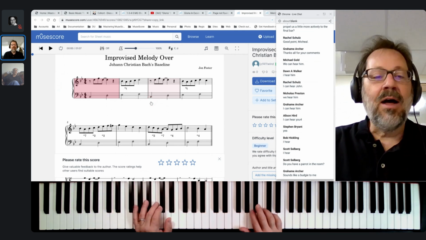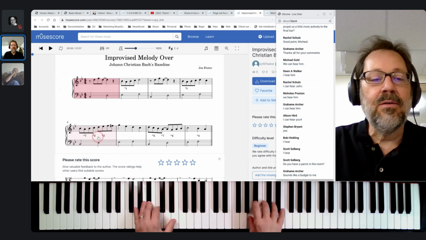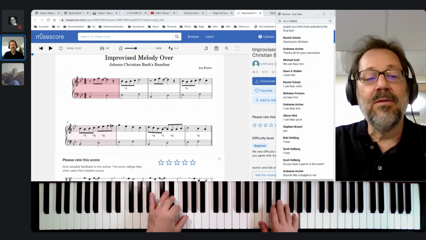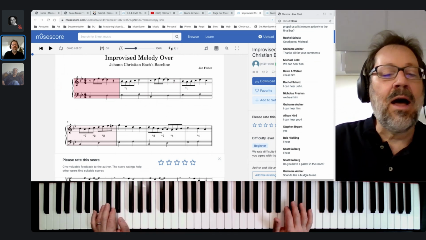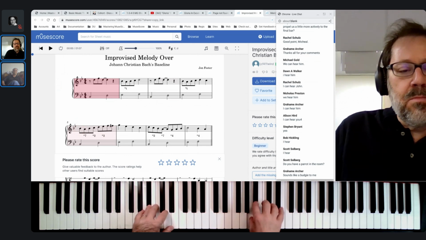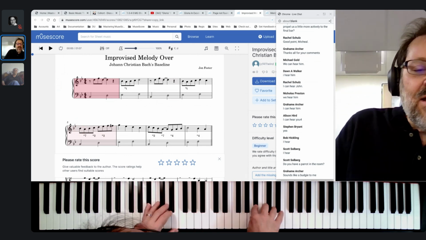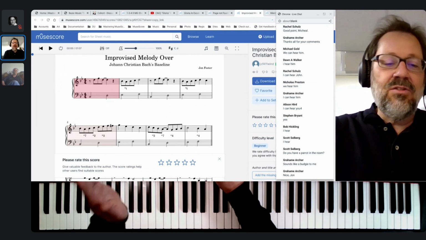So first of all, this is some really nice stuff. And this line in particular, I love that line. I could look at it analytically and say, do I love the fact that there are two B flats followed by two Ds on the strong beats?